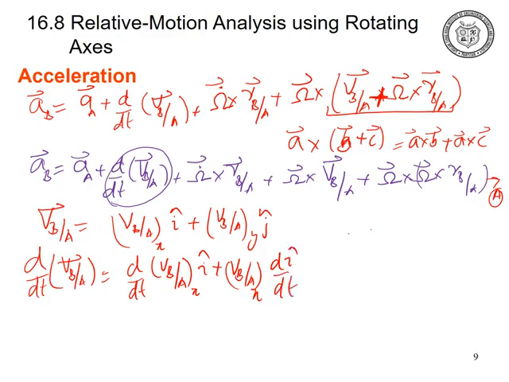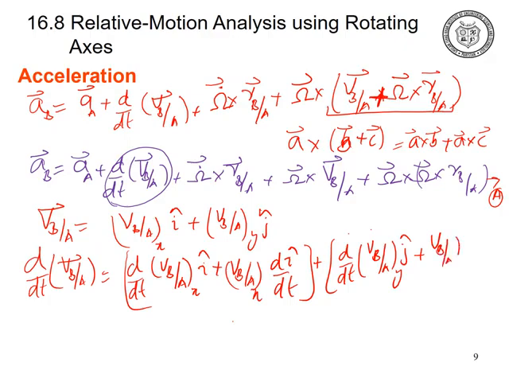This is for the first term. Similarly, d/dt of the y component times the j unit vector plus the y component of v_B/A times dj/dt. This is the second term.